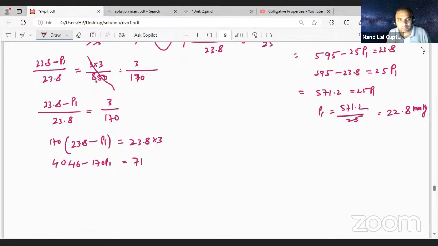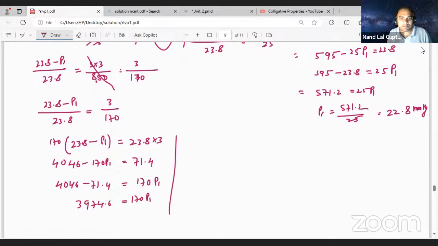This is 71.4. So 4046 minus 71.4 is equal to 170 P1. 4046 minus 71.4 is going to be 3974.6, equal to 170 P1.